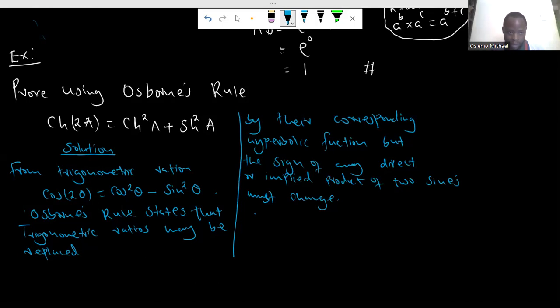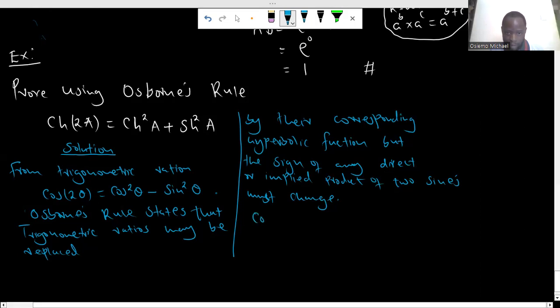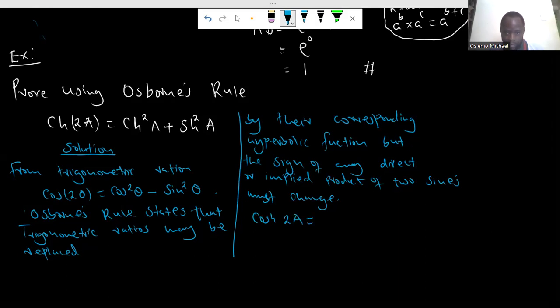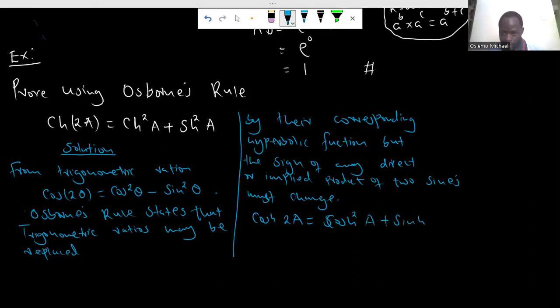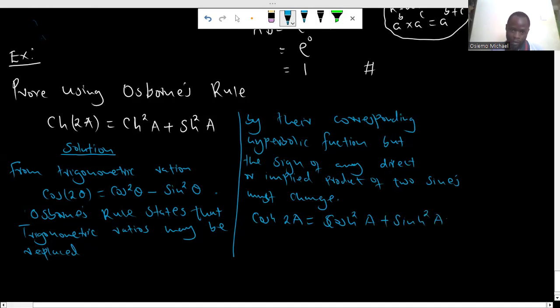Then cos 2 theta will become cos hyperbolic 2a, which is equal to cos hyperbolic squared a. This one here is negative, so it will become positive, so it will be plus sine hyperbolic squared of a.